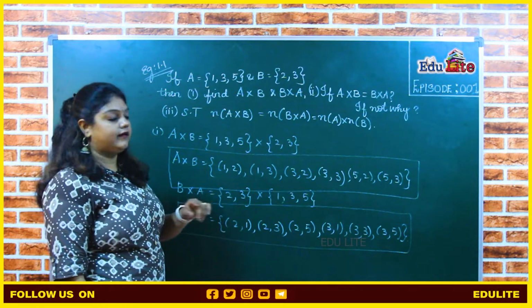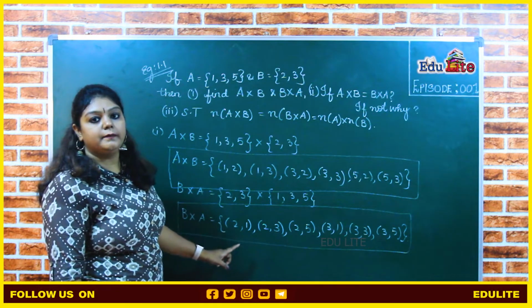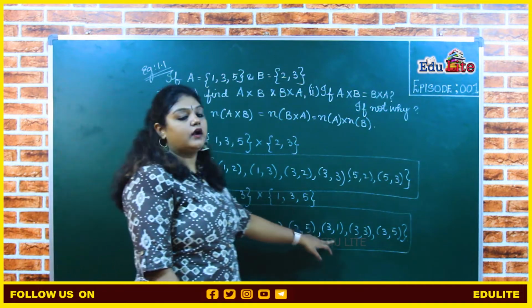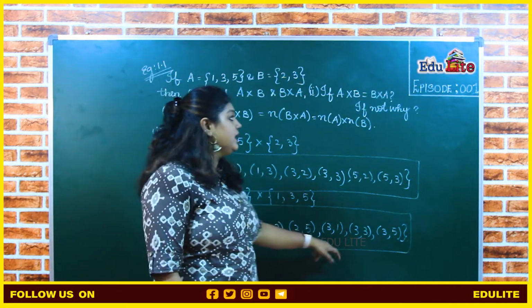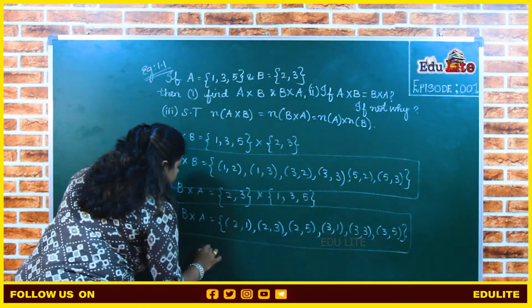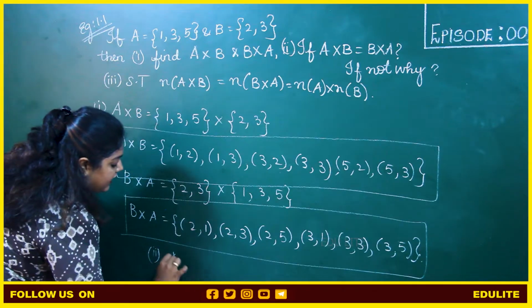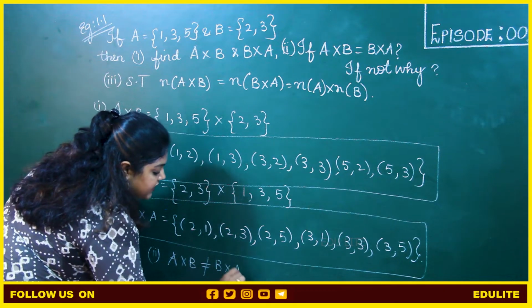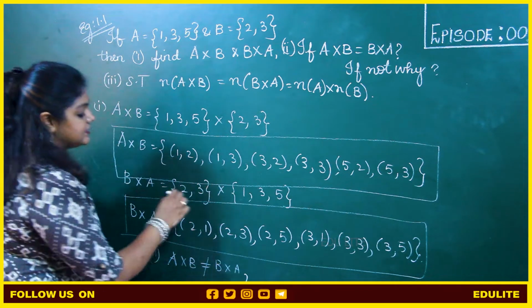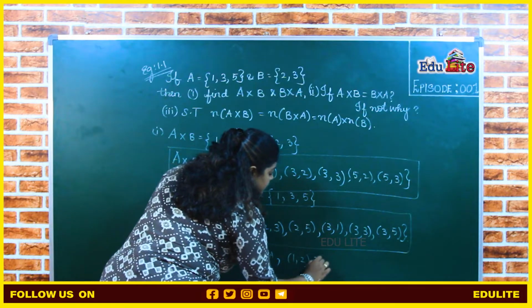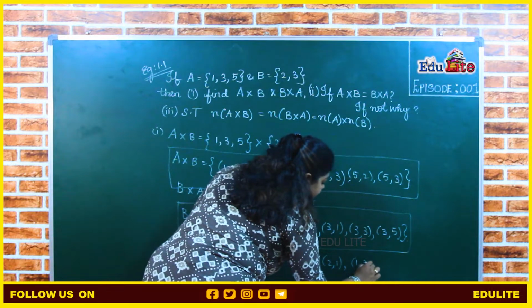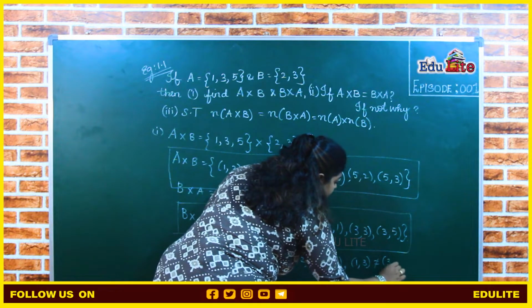As I told you already, (1, 2) is not equivalent to (2, 1). Similarly, (1, 3) is not equivalent to (3, 1). Therefore, A cross B is not equal to B cross A, and the reason is that (1, 2) is not (2, 1), as well as (1, 3) is not (3, 1).